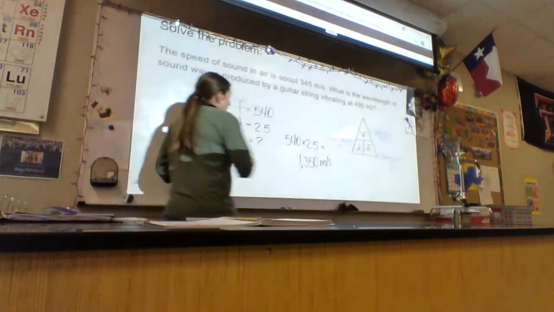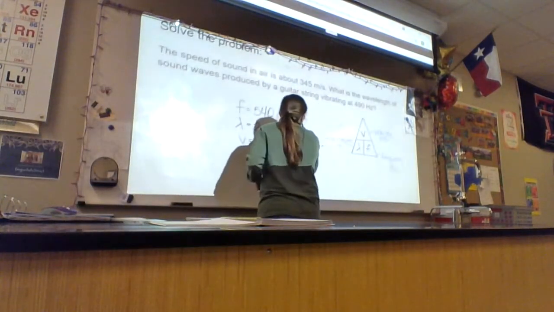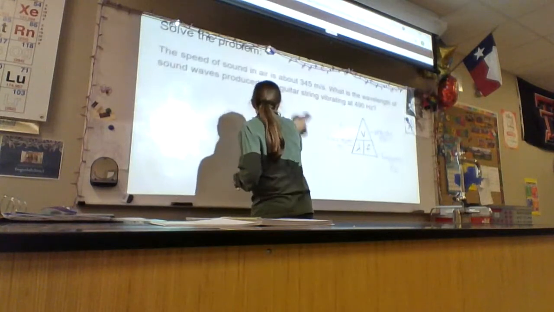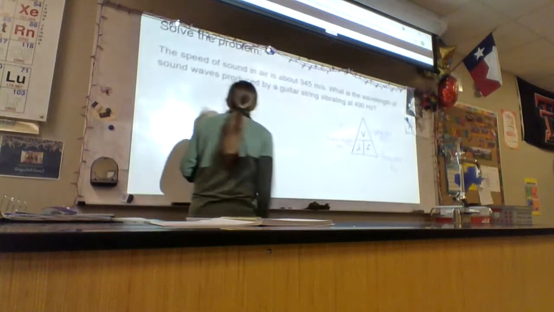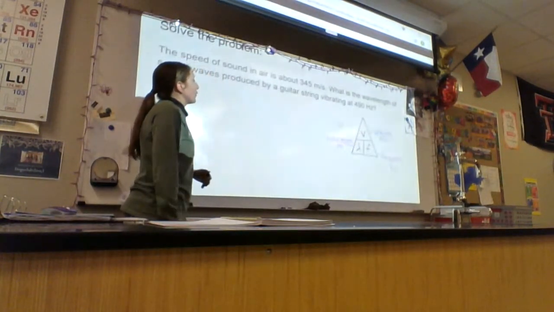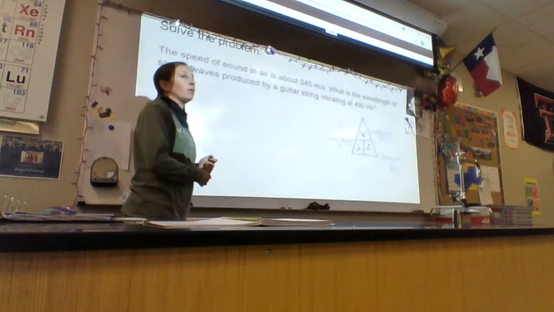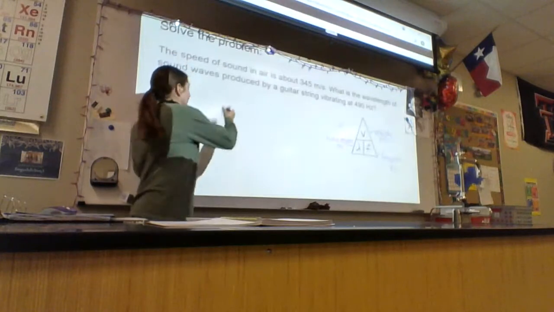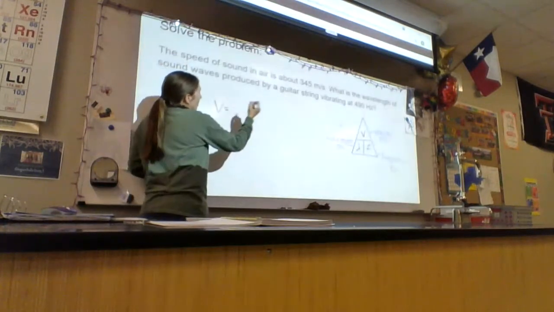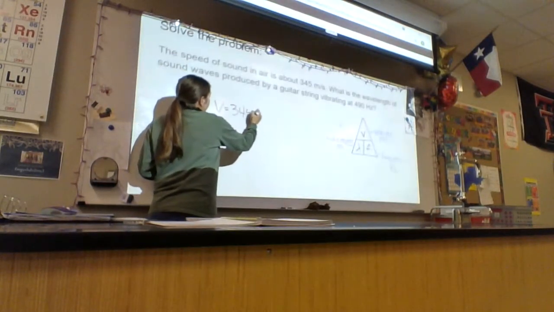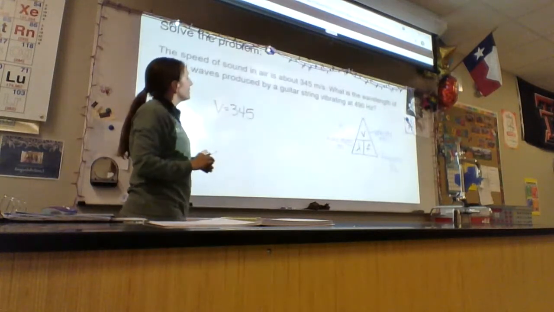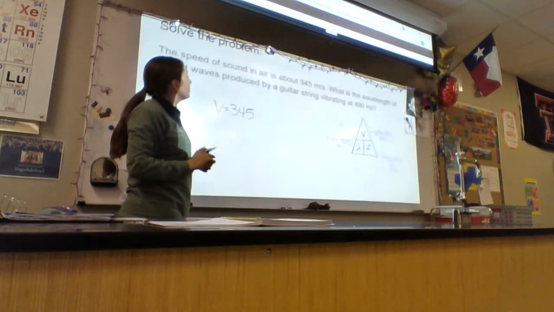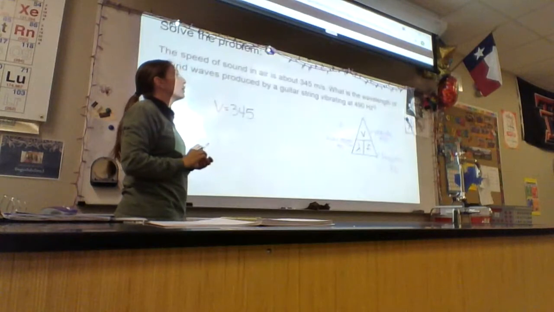All right, here's our next problem. The speed of sound in air is about 345 meters per second. What variable is 345 meters per second? Velocity. So I know that my V equals 345. What is the wavelength of sound waves produced by a guitar string vibrating at 490 hertz?